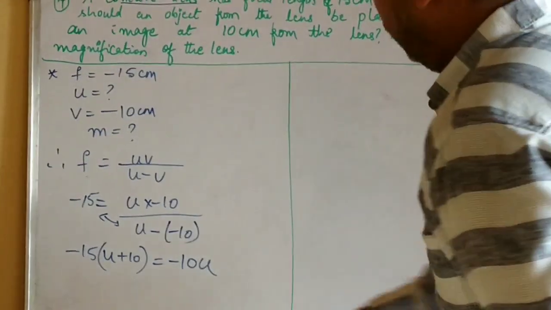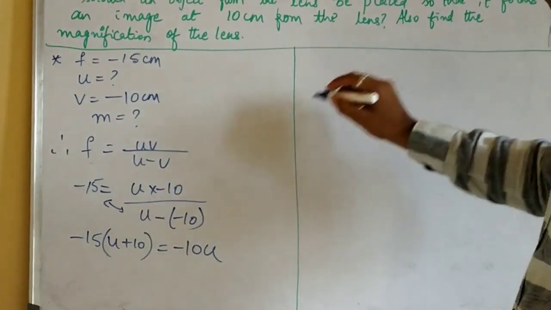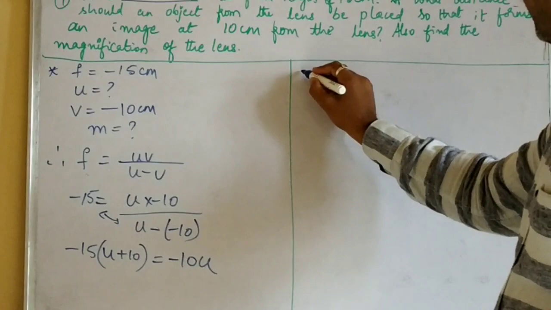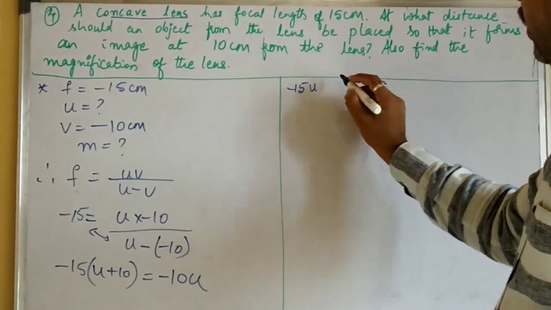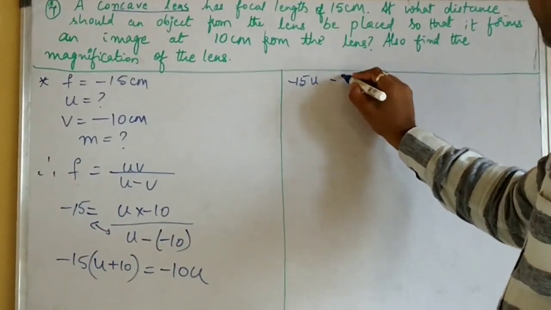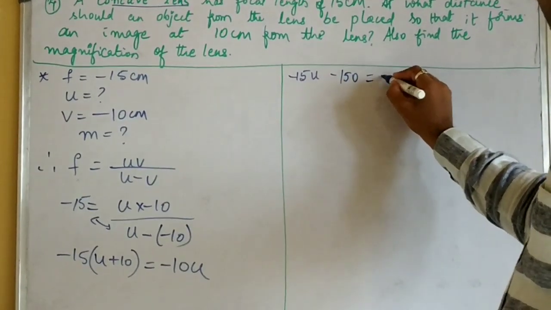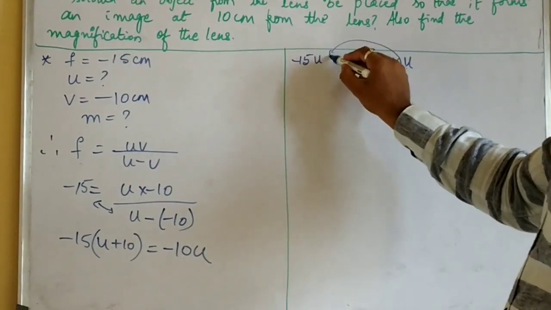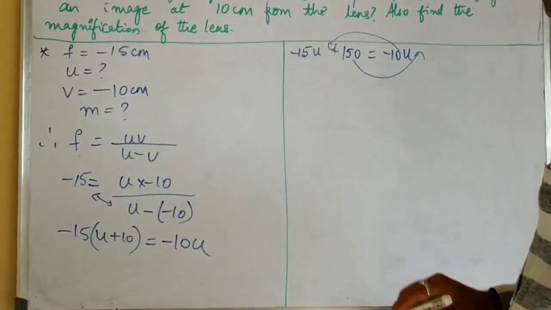Okay. Now multiply 15 to the terms which are in the bracket, that is what you will get, minus 15U, then minus 15 tens are 150 is equal to minus 10U. Bring this minus 10U to this side and take that 150 to the right hand side.